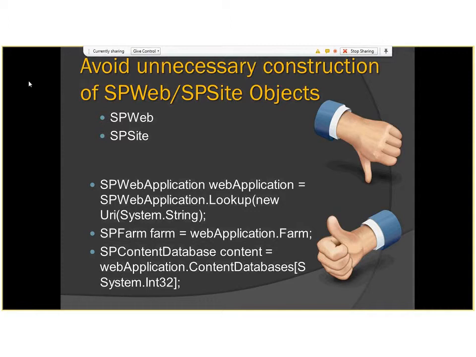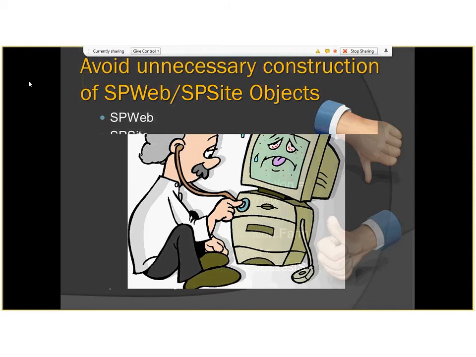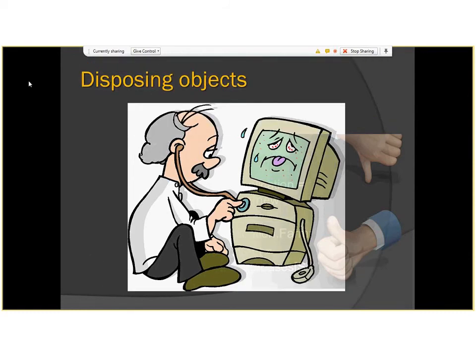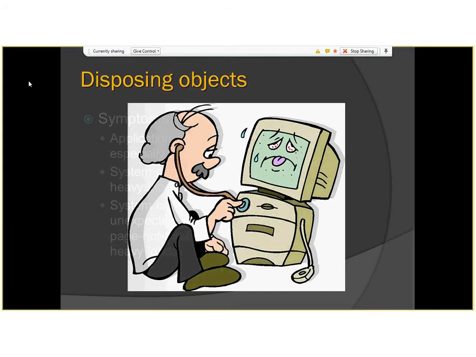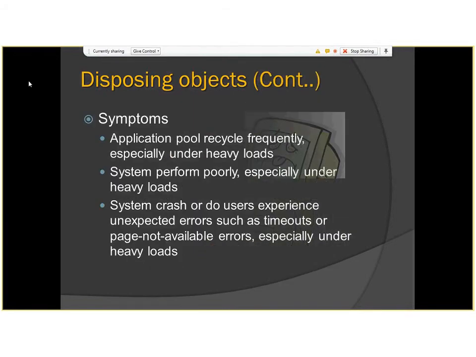Why do we emphasize disposing objects? Let me tell you that we face different scenarios over the life of SharePoint. The following are the symptoms of not properly disposing objects, particularly SPSite and SPWeb objects.